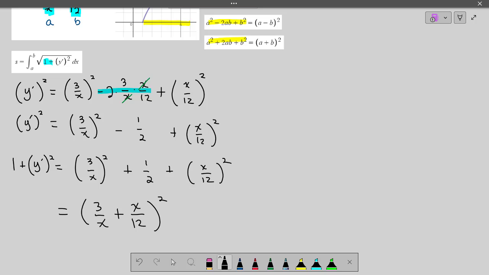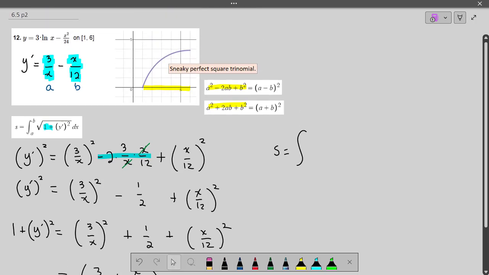But if you leave it like this, you do your a minus b squared, you add the 1, you're like, oh gosh, the only thing that changed is the middle term sign. Then that tells you instantly that it factors to that. And if you FOIL this out, you will get back to this. 3 over x squared, x over 12 squared, this times 2 will be that. You will get that. So this is super sneaky.